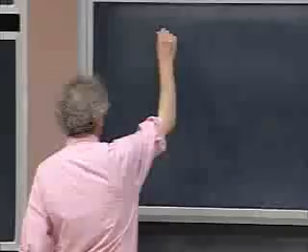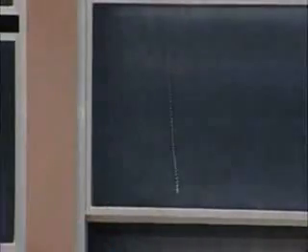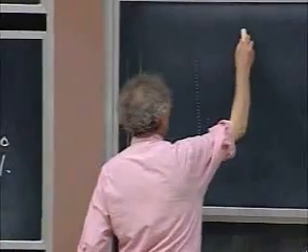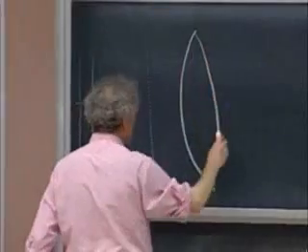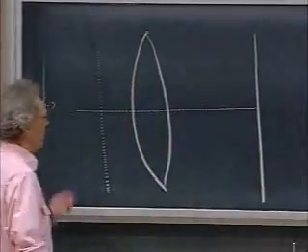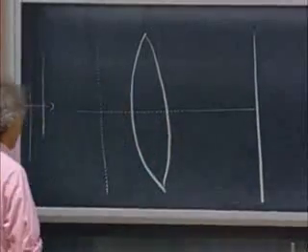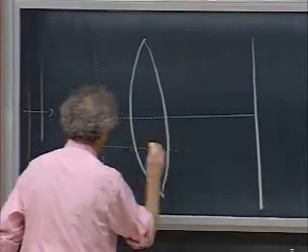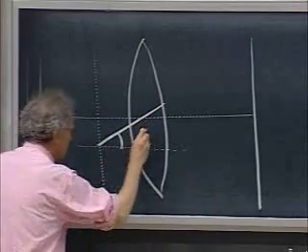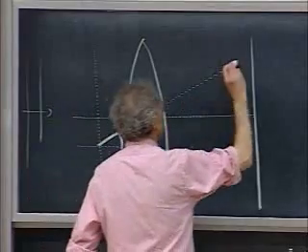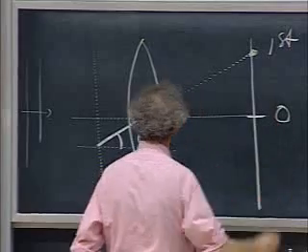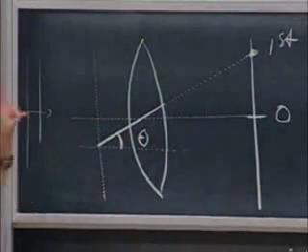If this is a grating, this is the number of sources that I have, and so the light comes in this direction, and if I put here a lens, and this is the screen, the focal point of the lens, then if the angle theta, for which I would have expected in this direction my first order maximum, and here of course my 0 order maximum, then the lens will not change that angle.